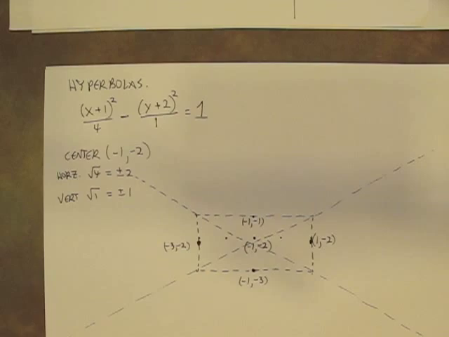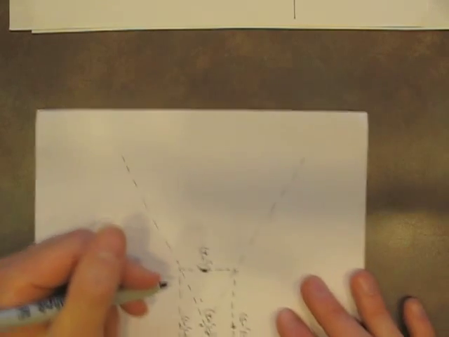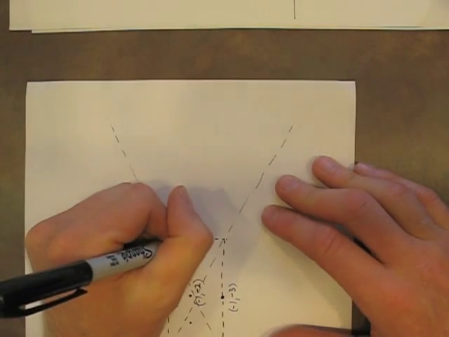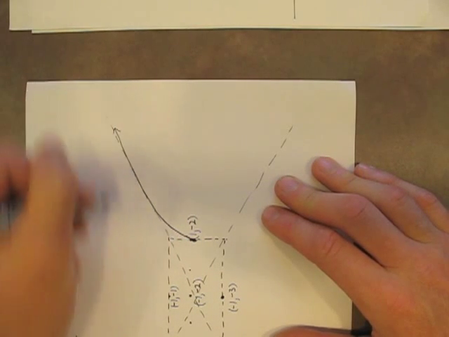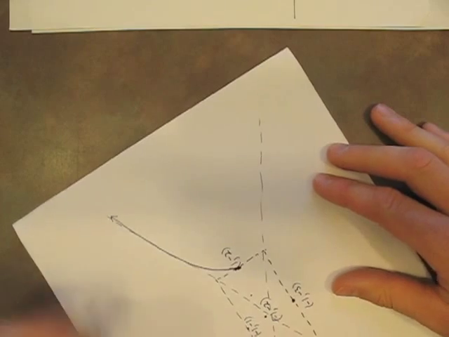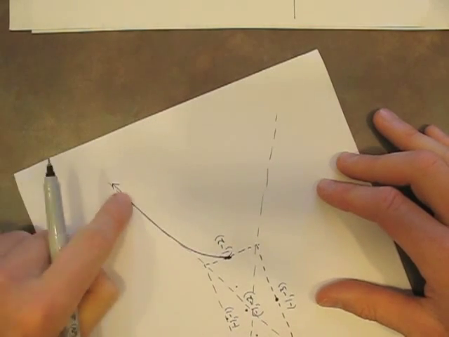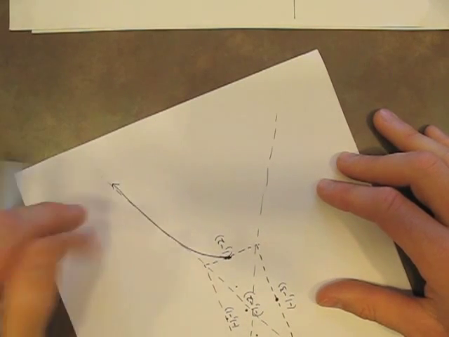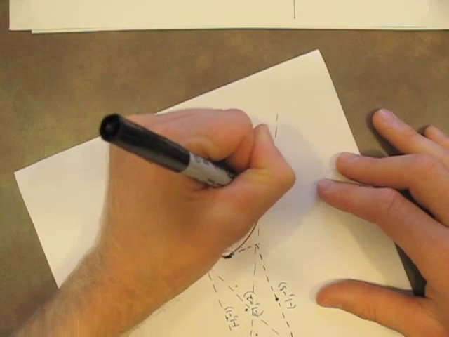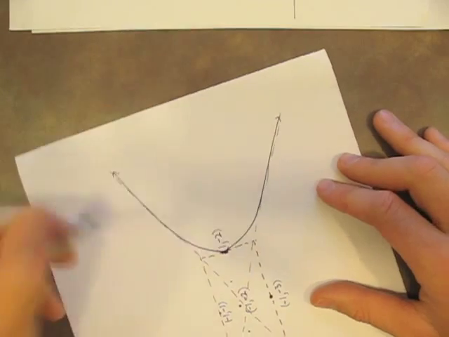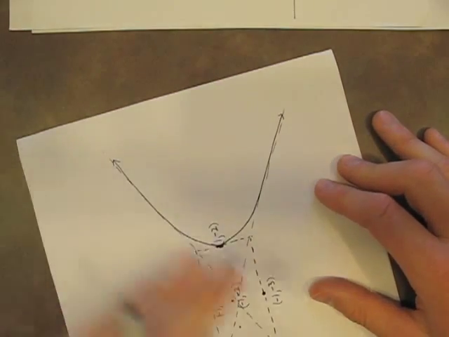So now to draw my hyperbola, I'm going to start here, and I'm going to come in, and I'm going to head out towards my asymptote. I did it a little bit there, but don't roll away from the asymptote. Come right up onto the asymptote, and then follow the asymptote. Don't roll away from the asymptote.